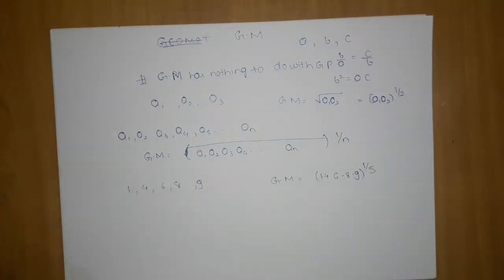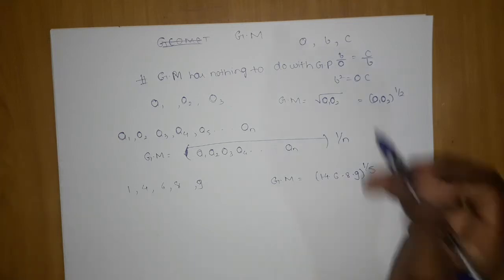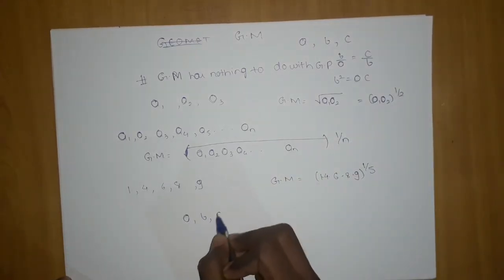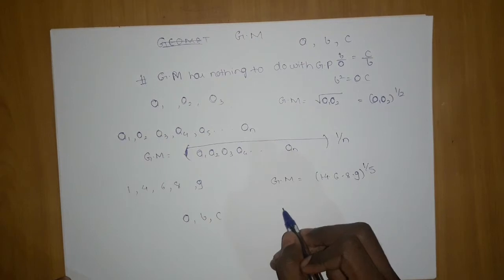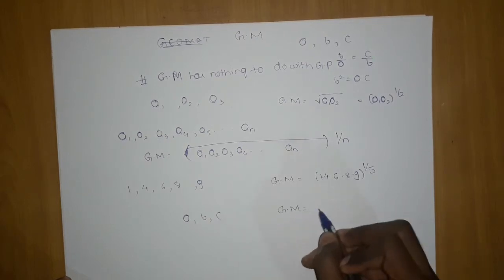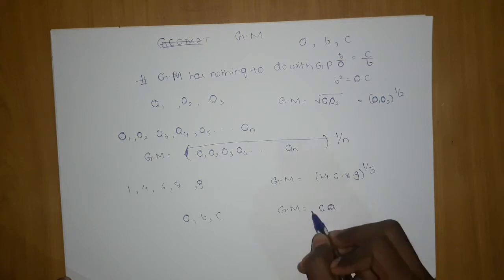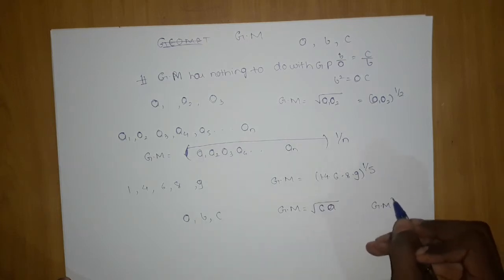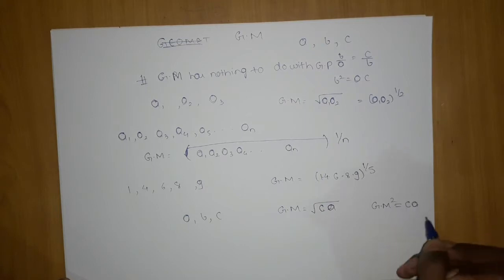So you should have an idea of how GM works. Now if we take the GM of three numbers A, B, C, its GM will be the under root of AC, which is nothing but GM square equals CA.